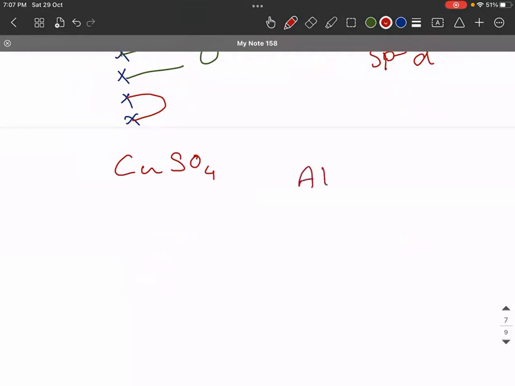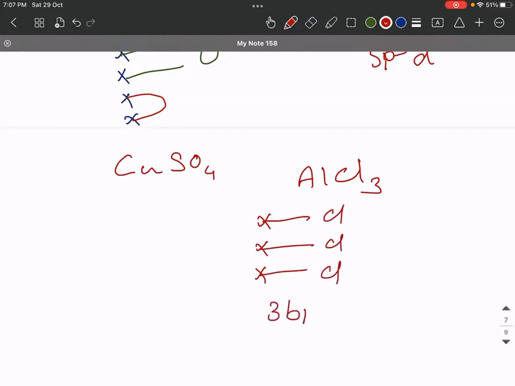Al. So aluminium means 1, 2, 3. What is the valence electron for aluminum? Boron, aluminum, gallium, so 3. One chlorine atom, second chlorine atom, third chlorine atom. Then 3 bond pairs, right? Then sp2 hybridization.